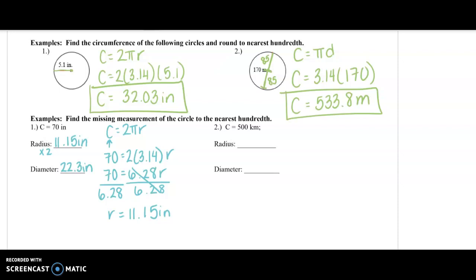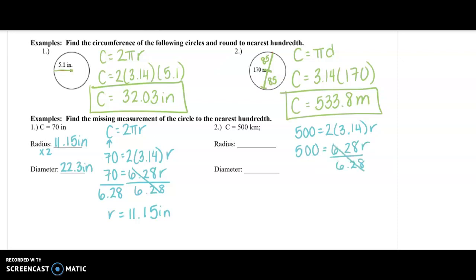So let's do another example problem over here. My circumference is 500, so 500 is equal to 2 pi r, 2 times 3.14 times r. So 500 is equal to 6.28 times r.